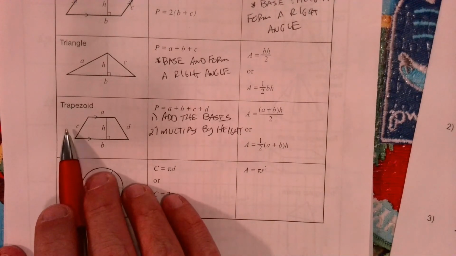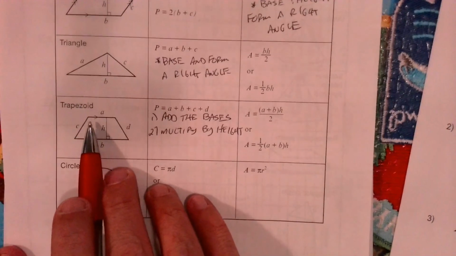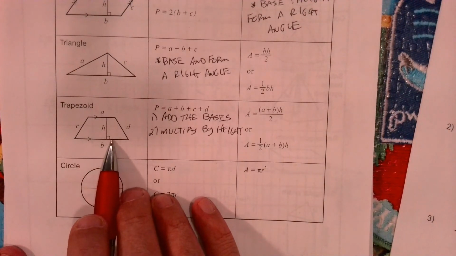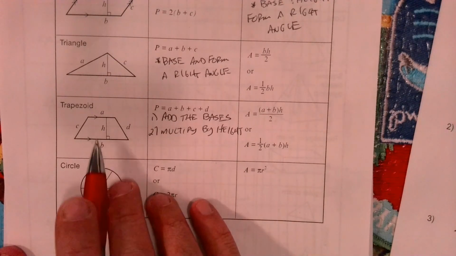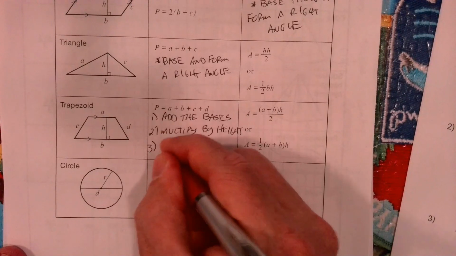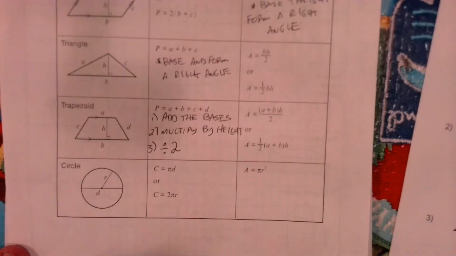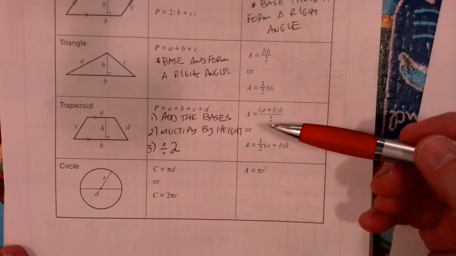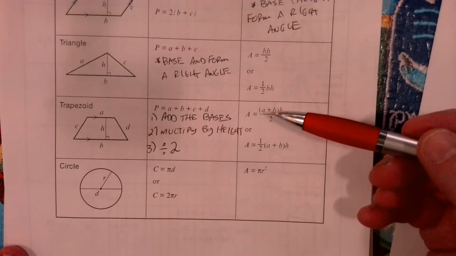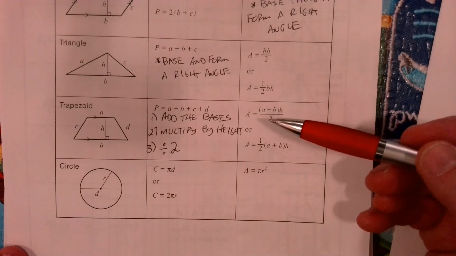C is not a height of that trapezoid. D is not the height of that trapezoid. H is, because of this magical right angle right here. That's what you're looking for. And then your 3rd step on a trapezoid is, and I'll just use shorthand here, you divide it by 2. So there are your 3 steps, which is basically what's going on here on both of these equations. Add your bases, a plus b, multiply by the height, divide it by 2. Okay?